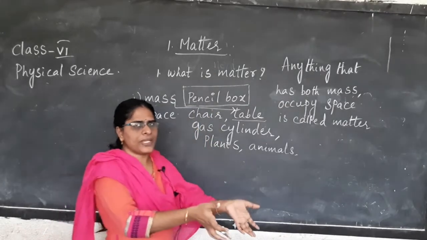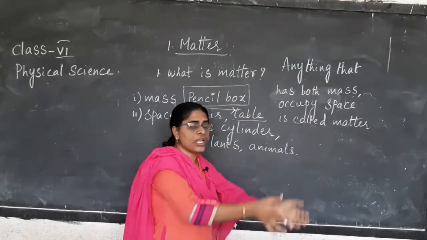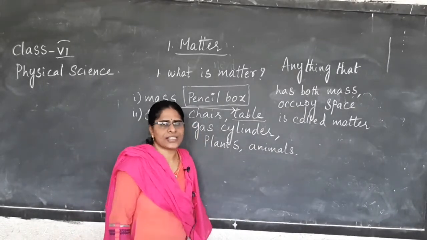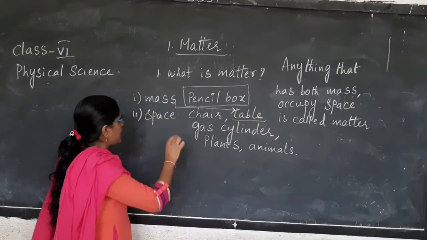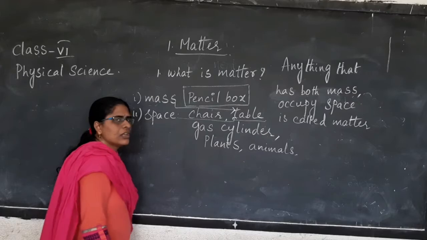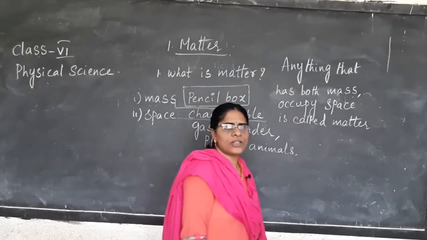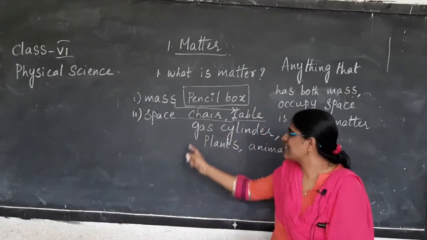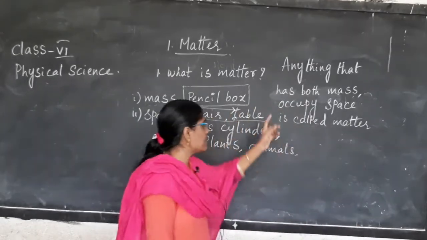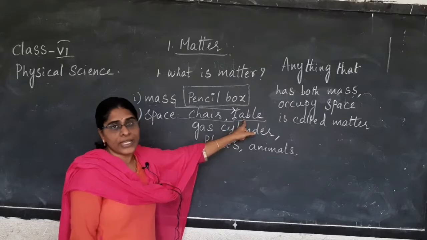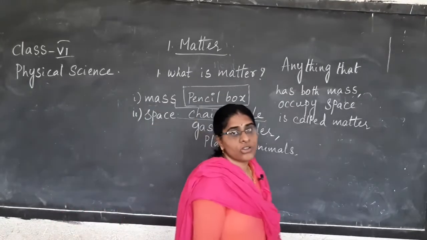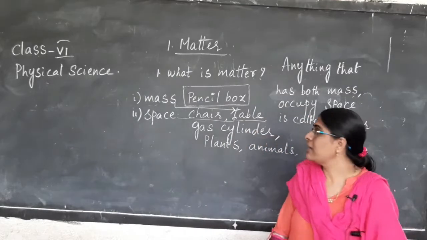Now when you are keeping or lifting a table and placing it somewhere, does it occupy some place there? Hence, your table also occupies some place. Now your table, is it matter? Yes, it has both mass and it is occupying space. Hence, our table also comes under an example of matter.